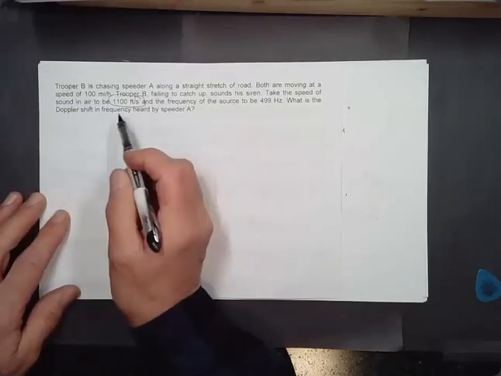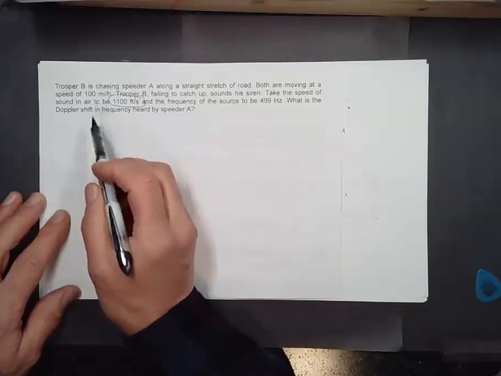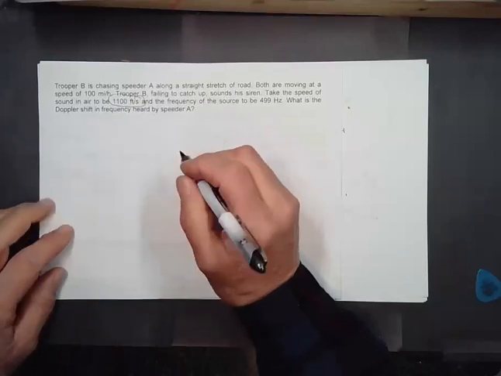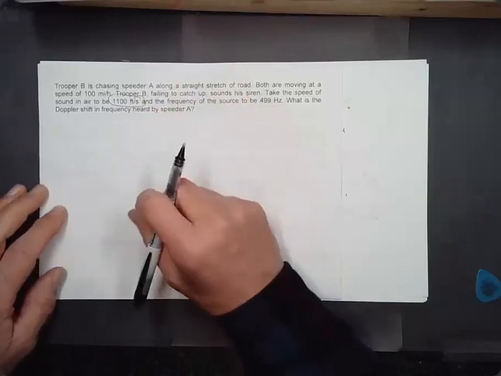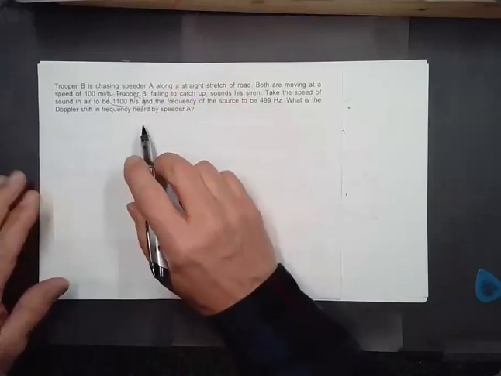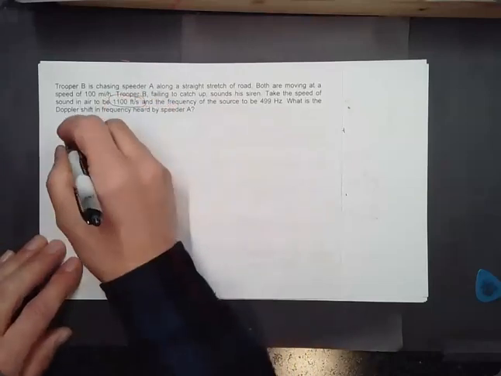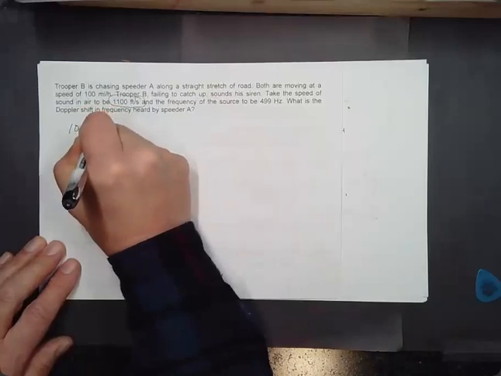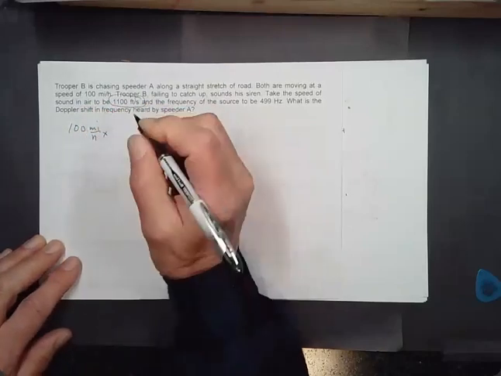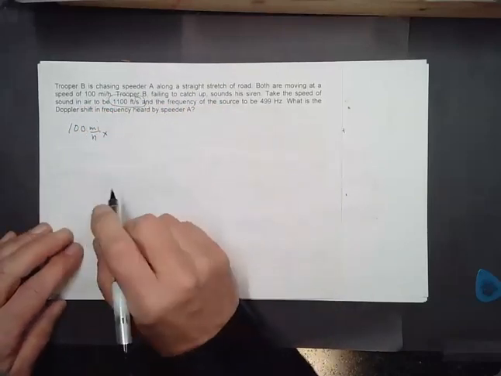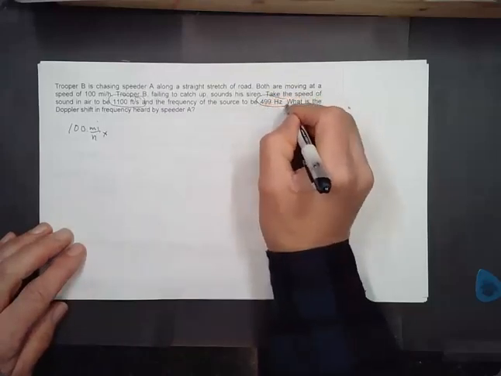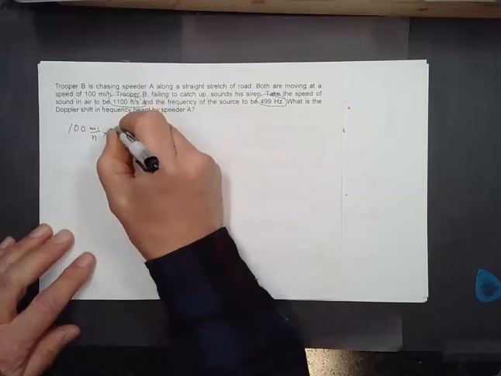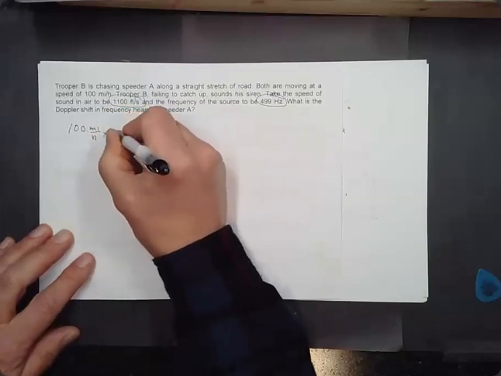So if we convert this into feet per second, because we've got those ratios of speeds in the formula, the units will divide out, as long as we have the same units for both. So 100 miles per hour, and we're not going to have a lot of sig figs on here.